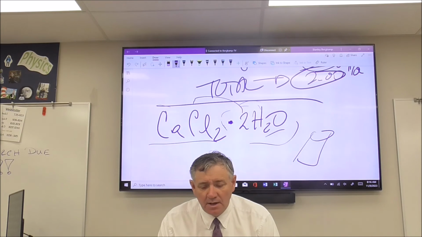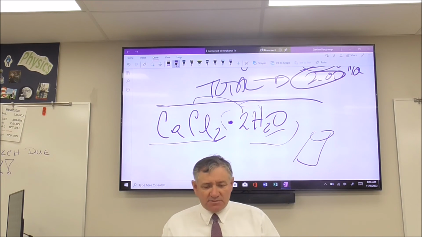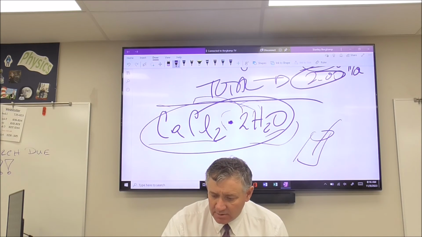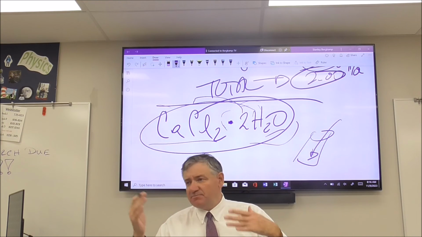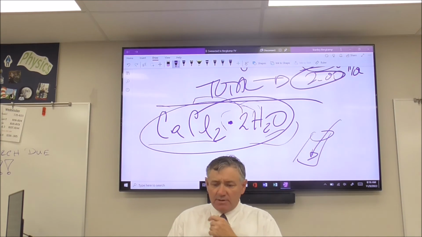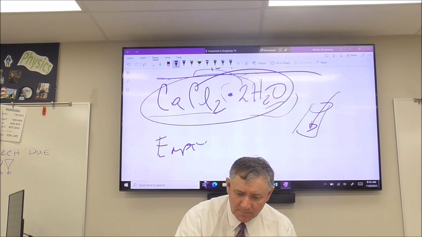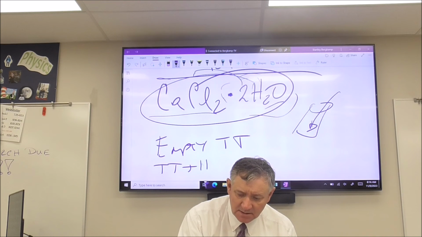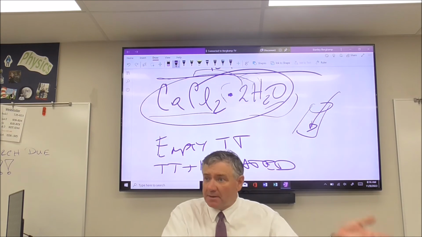Easy. Then you're going to add between 2 to 3 grams of the calcium chloride, until the mass increases by about 2 to 3 grams. So you're going to have the mass of the empty test tube, then the test tube plus the hydrated salt, which will go up by about 2 grams.